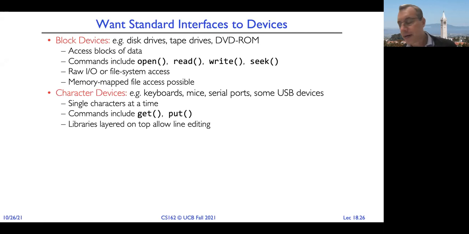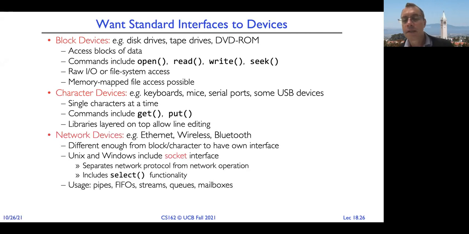Then you can have character devices, where you read and write the data at the level of a single character. For these you also have open and read, but for getting a single character you have get and put APIs.